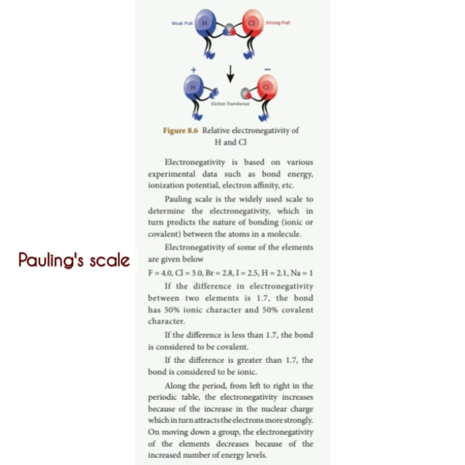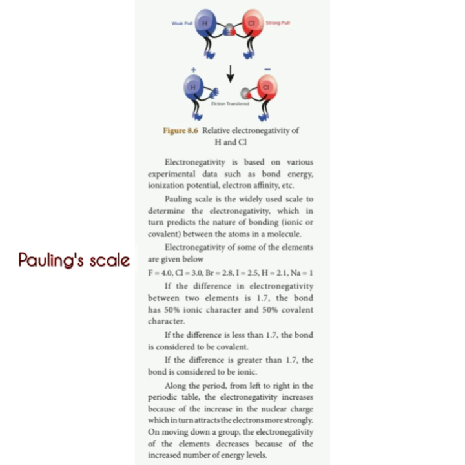If the electronegativity difference between two elements, for example H and Cl, is 1.7, the bond is 50% ionic character and 50% covalent character. Suppose it is less than 1.7, it is a pure covalent bond in nature.